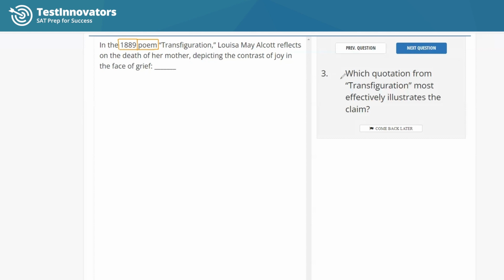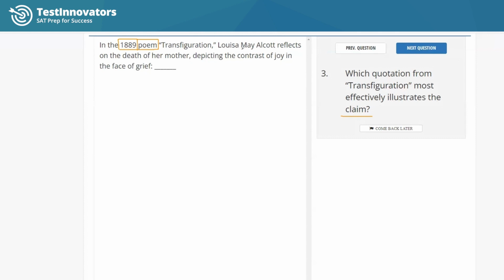Now, the question itself says, which quotation from Transfiguration most effectively illustrates the claim? We remember when we say claim, we mean the claim, the whole claim, nothing but the claim. What is the claim here? Well, it's right here.